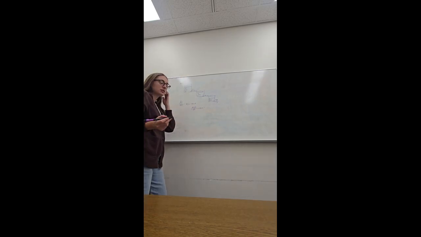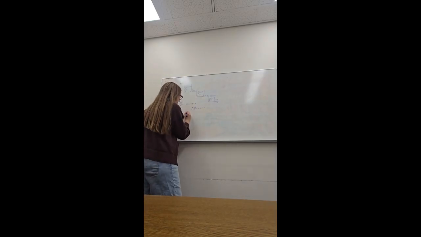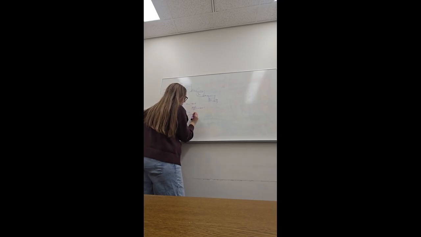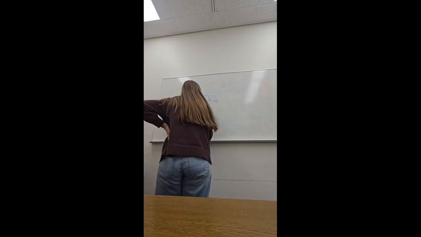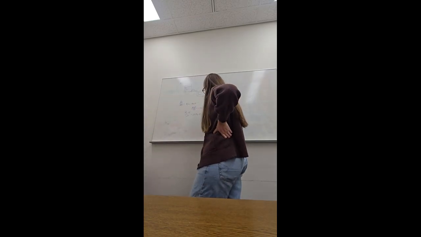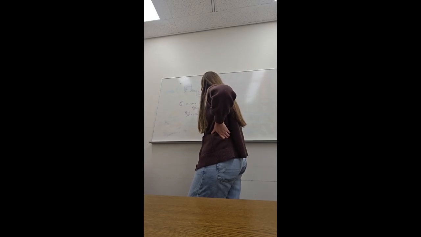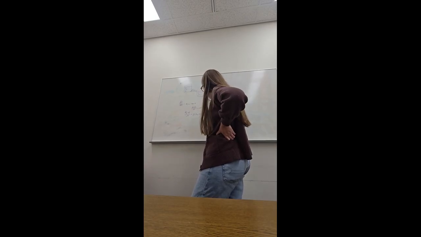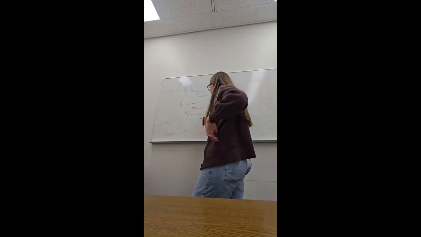So using Bernoulli's equation, we can use (P2 minus P1) over density plus g, which is your gravity, times (Z2 minus Z1). And then you have your velocities. So you have, this one is 1, so velocity 1 squared minus V2 squared over 2.